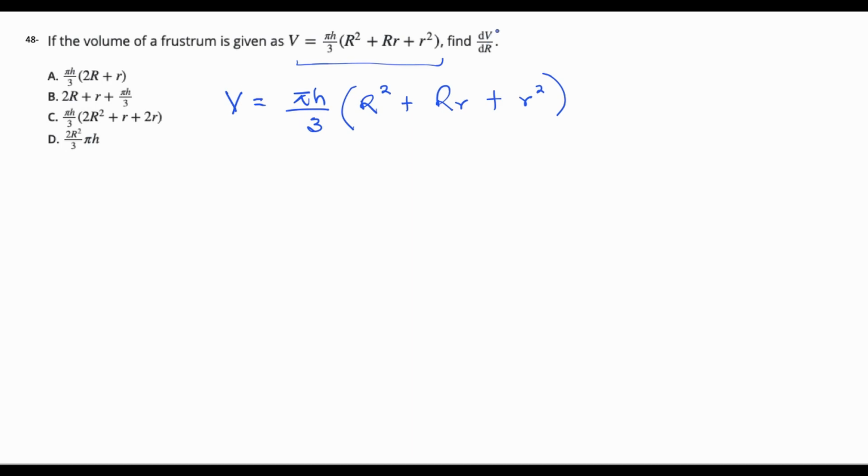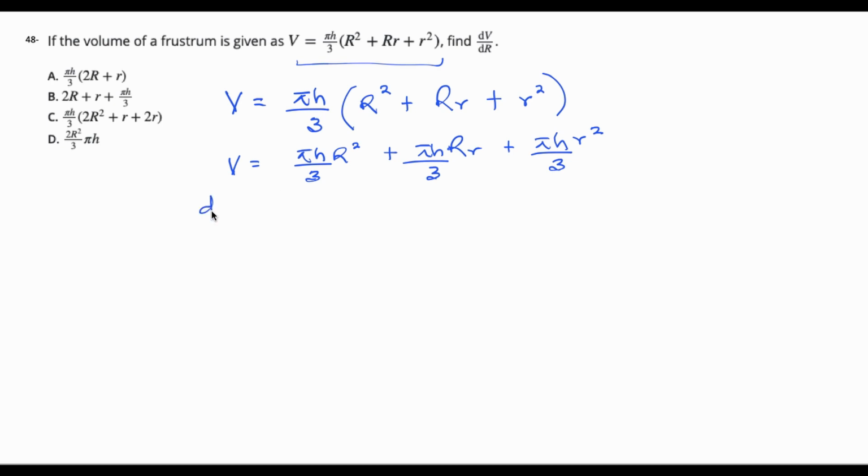So we're differentiating V with respect to capital R, not the small r, the capital R. So anything that doesn't have the capital R, for us, is a constant. So let's go. Our V, if we expand this bracket, becomes pi h over 3 R squared plus pi h over 3 R r plus pi h over 3 small r squared.